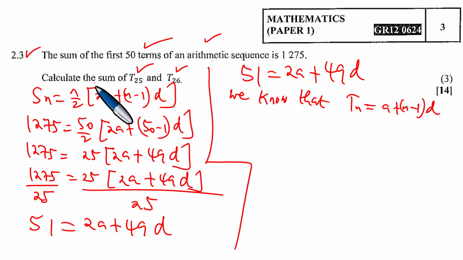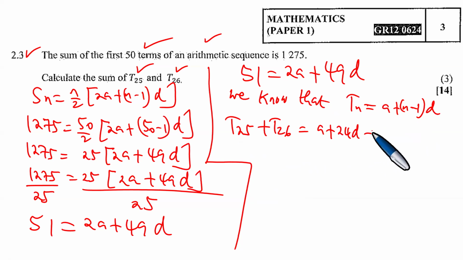Now if we want to find the sum of T25 and T26, we can proceed as follows. T25, according to this, would be a plus, so 25 minus 1 is 24d. T26 is going to be a plus 25d.